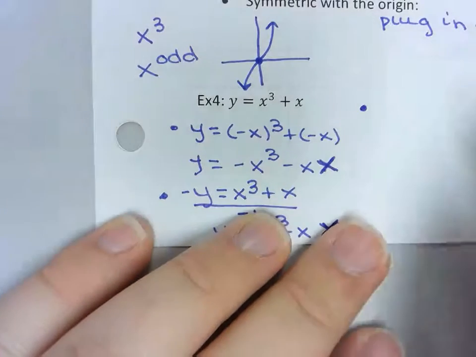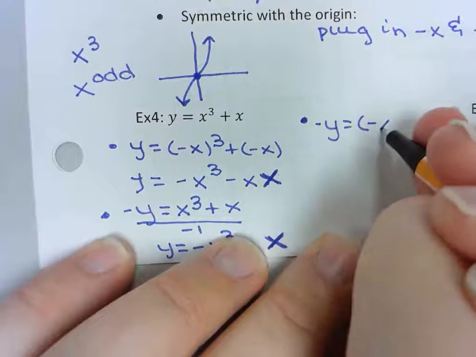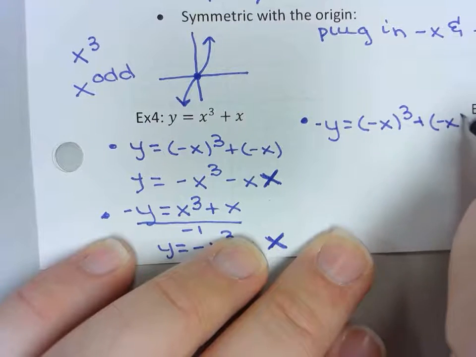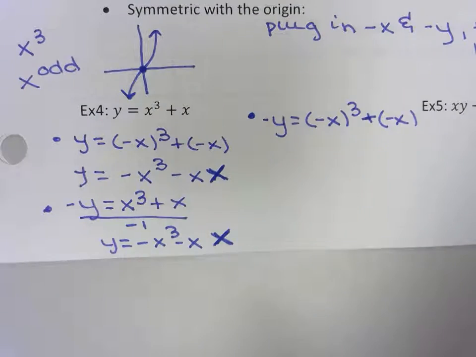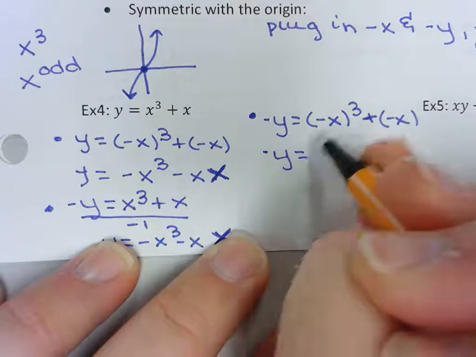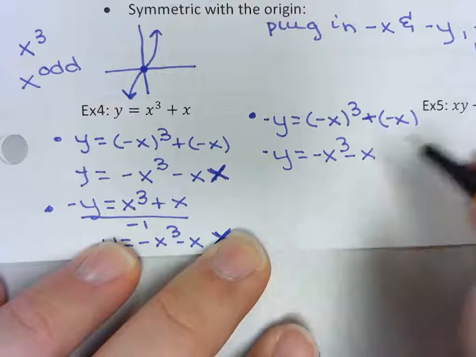So let's go ahead and check the origin. I'm going to plug in a negative y and negative x, and see what I get back. And this is kind of what I'm saying. You don't have to show all this step-by-step work necessarily on your homework, as long as you're comfortable with knowing how to do it. So I'm going to have negative y equals, just like we did the first one, negative x cubed minus x.